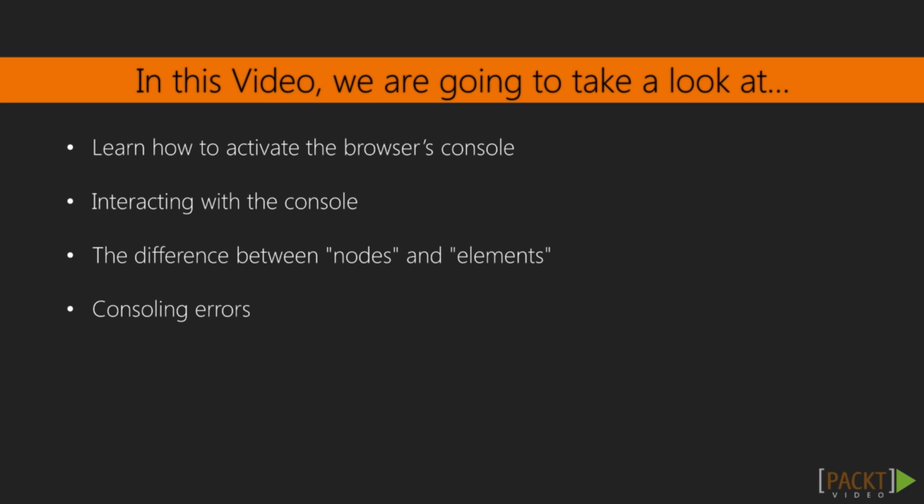While we're doing this, we also learn the difference between HTML elements and their representation as nodes in the DOM, that is, Document Object Model, which is how JavaScript sees the elements. Finally, we'll return to our Hello World example from the first video and modify this to print debugging statements to the console. Let's jump in!